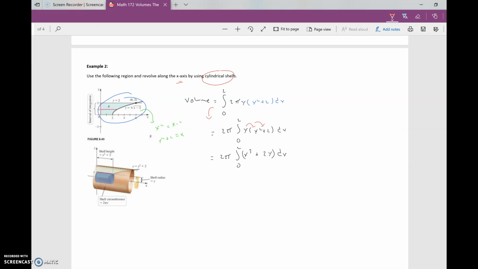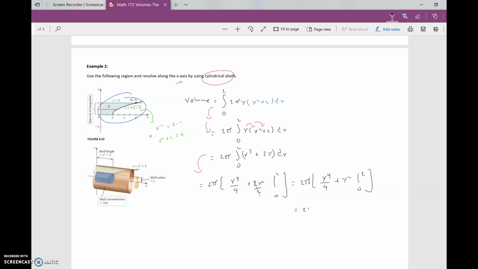So let's evaluate the integral. This one's going to be 2 pi times y to the 4 over 4 plus 2y squared over 2 evaluated from 0 to 2, which is equivalent to 2 pi times y to the 4 over 4 plus y squared evaluated from 0 to 2, since the 2's cancel.